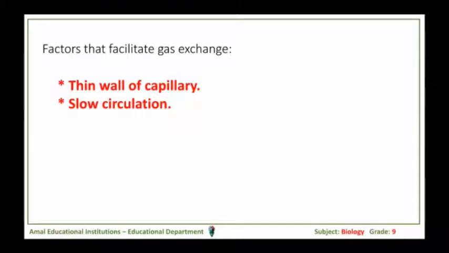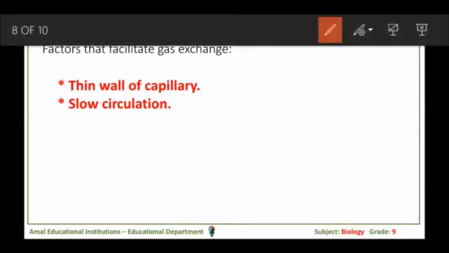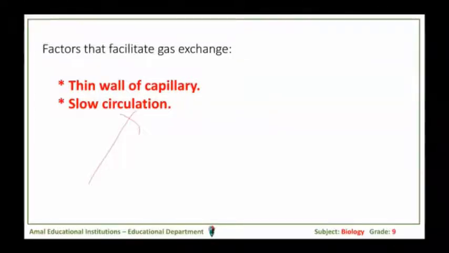As long as the circulation of blood is slow, it permits the gas exchange, because if the circulation is fast, there is no time for gases to be exchanged. So a slow circulation at the level of the capillary helps in facilitating the gas exchange between the blood capillary and the alveoli, or between the blood capillary and the cells.